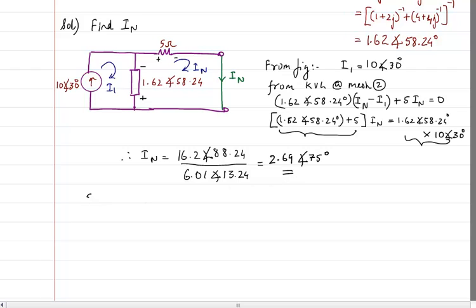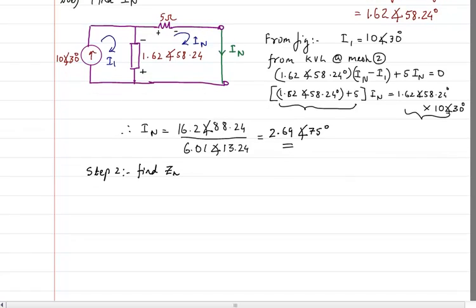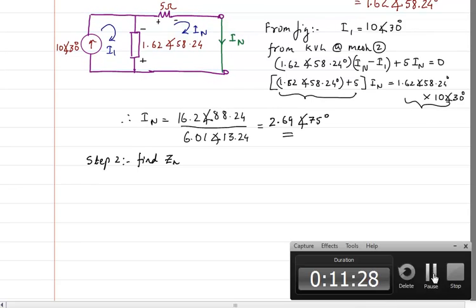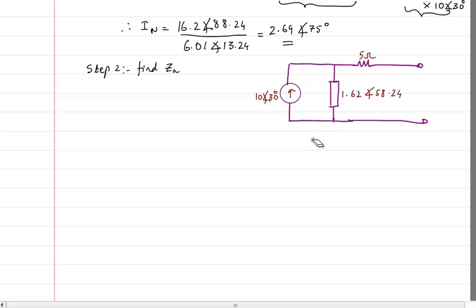Second step, step 2, is to find Zn, which is the same as Zth. So let me redraw the circuit. Now we can see that there is a current source.